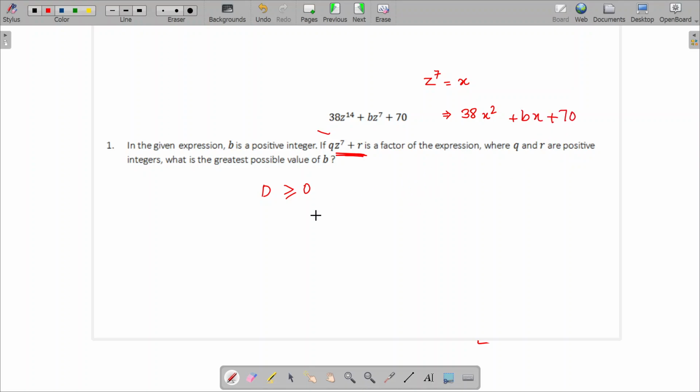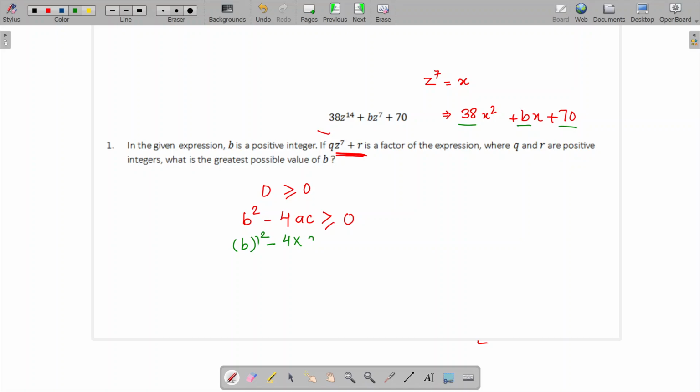Now, from here, I can find the values of a, b, and c and put them in the discriminant. So a is 38, b is b only, and c is 70. So I can do b squared minus 4 times a times c.